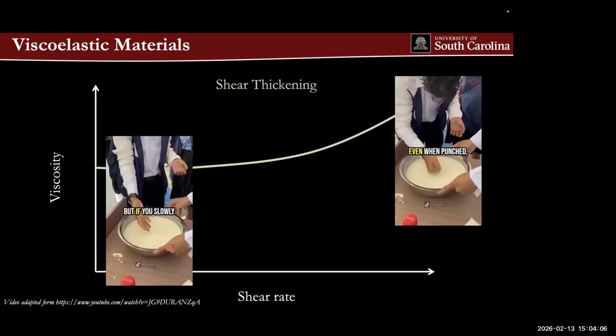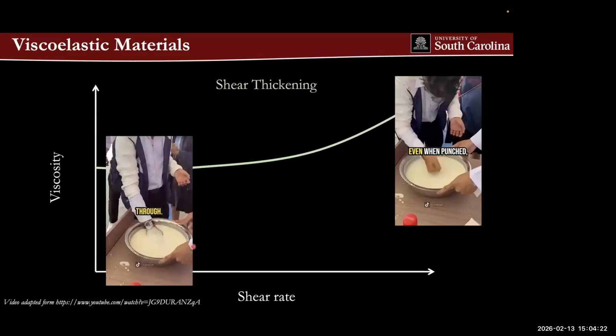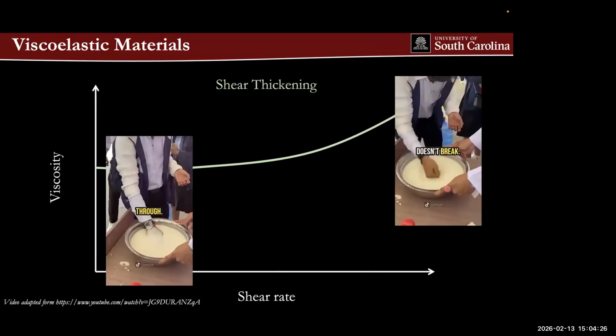I have brought plastic cups with water and cornstarch and plastic spoons for students to test this themselves. If you stir it very slowly, it's going to behave like any liquid. But if you try to stir it fast, it gets harder and harder to do. That's what we call shear thickening.